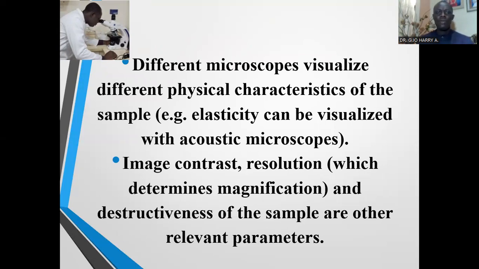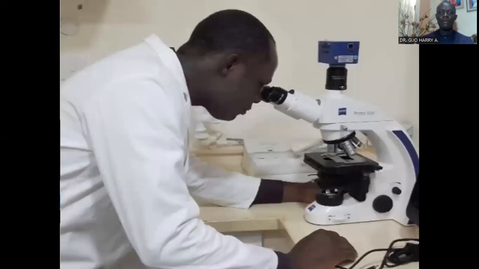Different microscopes visualize different physical properties of the sample. For example, elasticity can be visualized with acoustic microscopes. Image contrast, resolution, which determines magnification, and destructiveness of the sample are other relevant parameters when discussing microscopy.